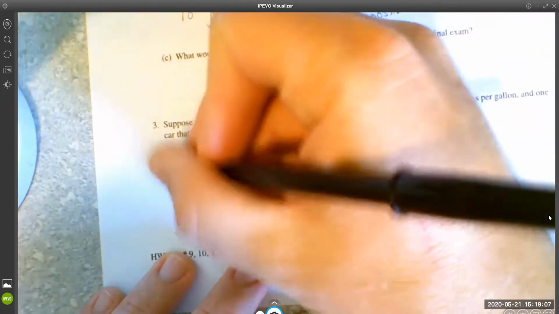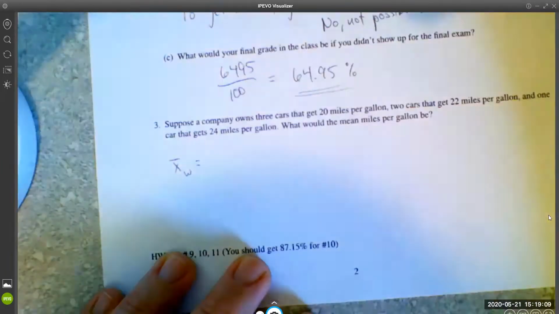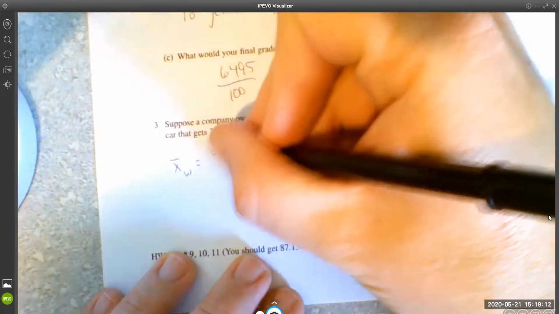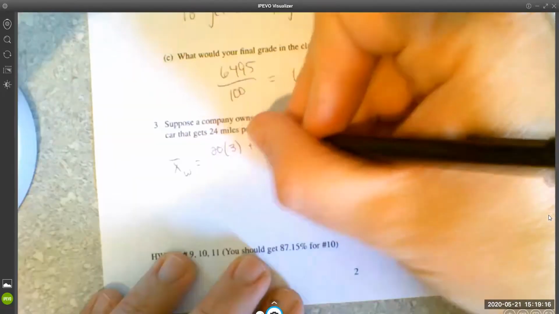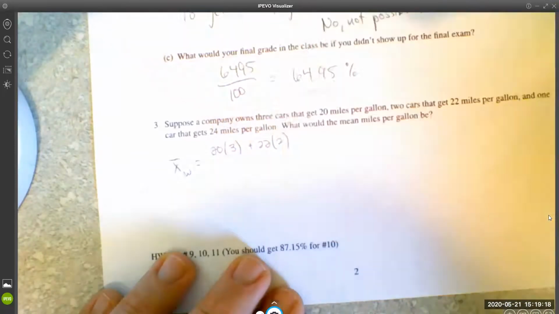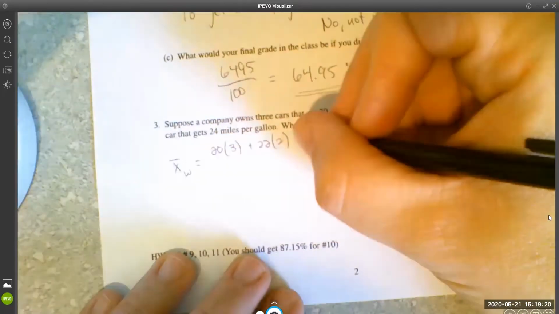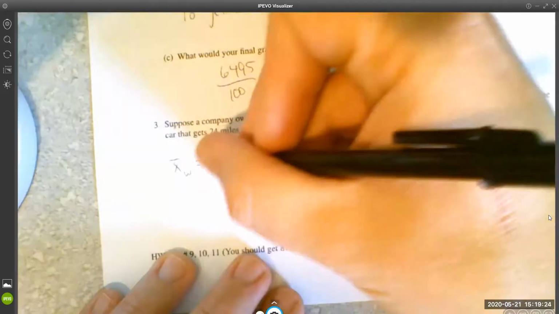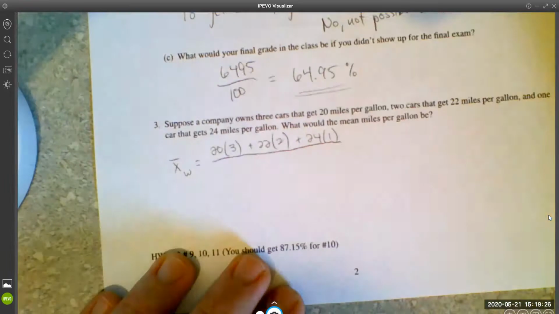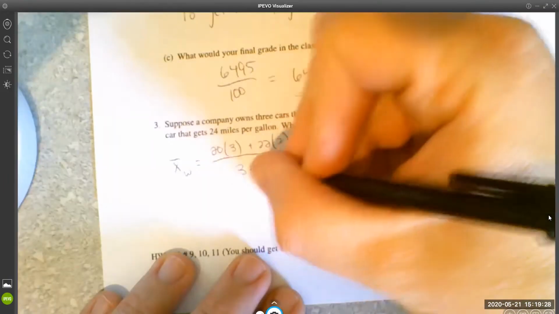We would say, all right, the weighted mean is going to be 20 times 3, because there were 3 cars that got 20 miles per gallon, plus 22 times 2, because there were 2 cars that got 22 miles per gallon, plus 24 times 1, because there was 1 car that got 24 miles per gallon. And now you're going to divide by the weights, 3 plus 2 plus 1.